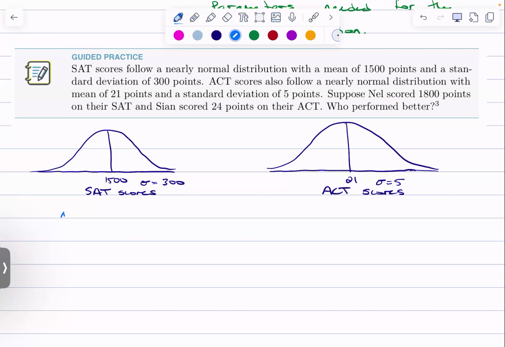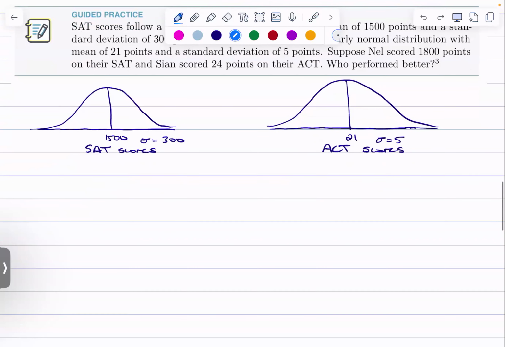Let's start incorporating some subscript notation. X is the observation, and then you can write Nell down here. This is the observation for Nell. So the observed value for Nell was 1,800.